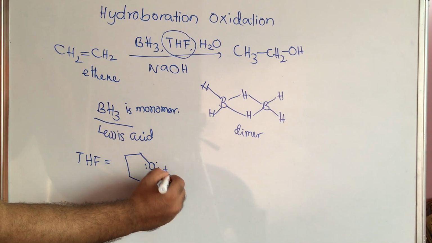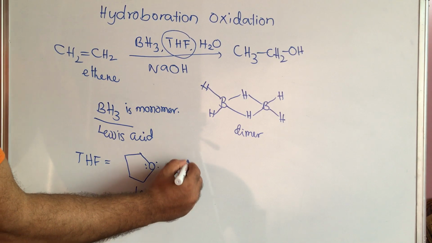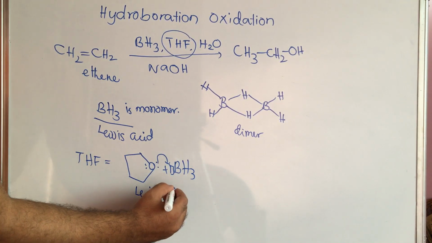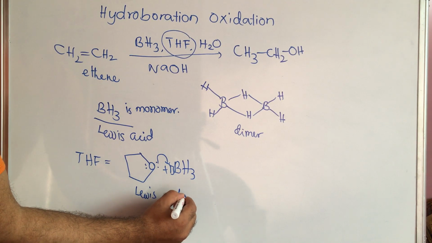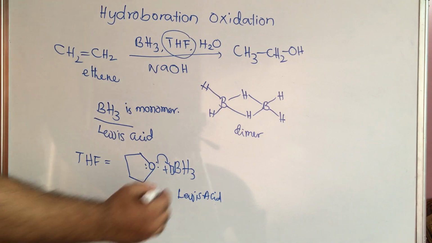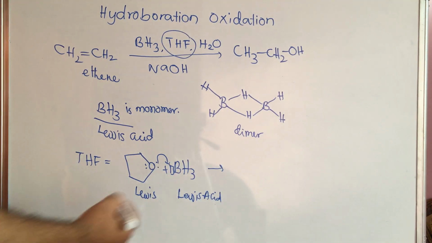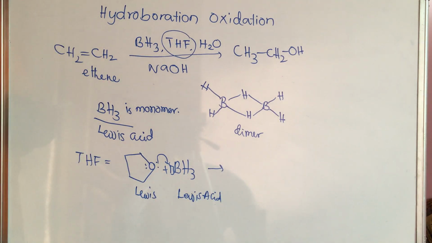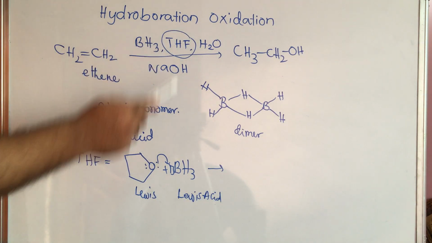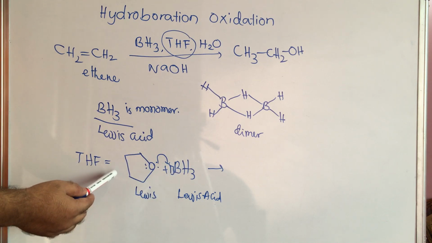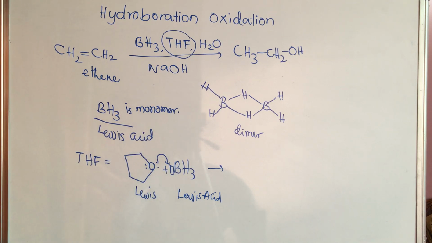This Lewis base reacts with the BH3, which has a vacant orbital, and it donates to this one, which is the Lewis acid. Acid and base react and form a stable complex. That is the role of tetrahydrofuran, to stabilize the BH3. For that purpose only we are using tetrahydrofuran as a solvent.